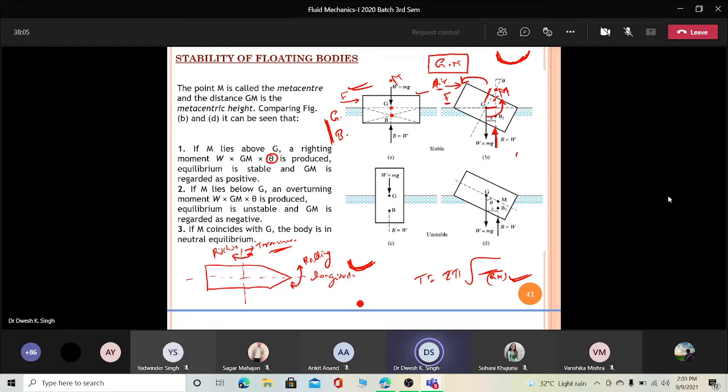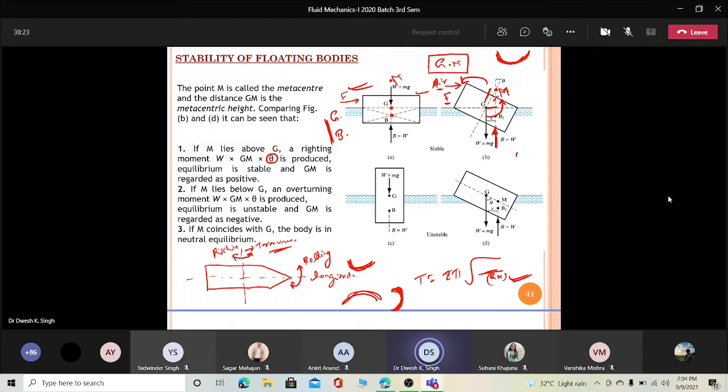It will go like this, and in the longitudinal it will go like this. So these two phenomena, rolling and pitching, are generally observed in a ship.